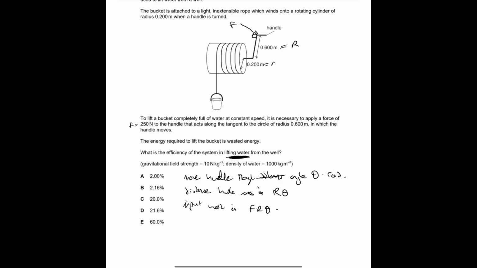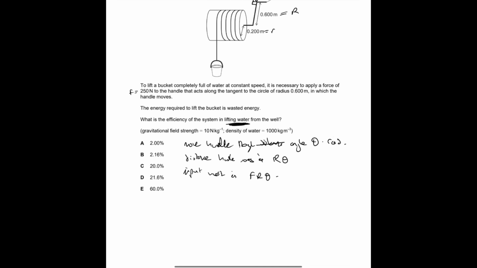Okay. So the output is then the change in the gravitational potential energy. When we move through an angle theta, let's say this is the angle theta, we need to figure out how high this bucket is lifted. We need to figure out this height h.